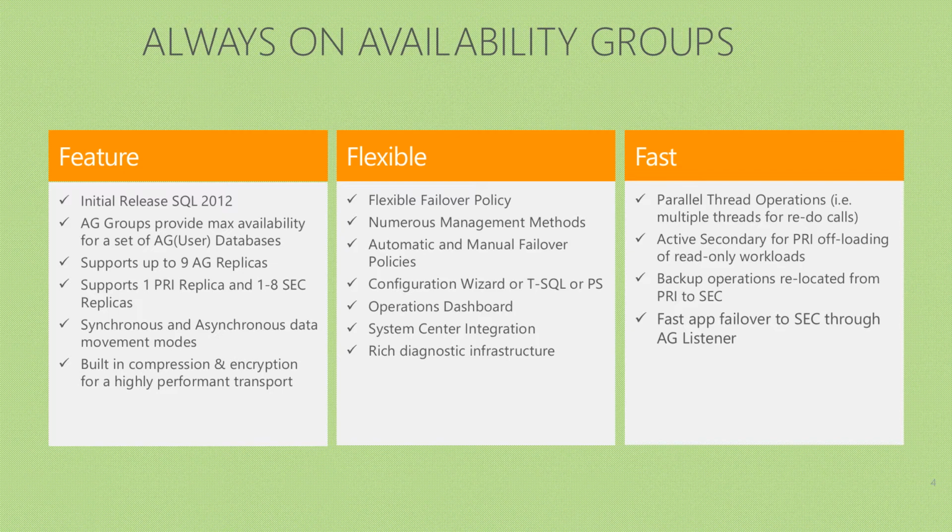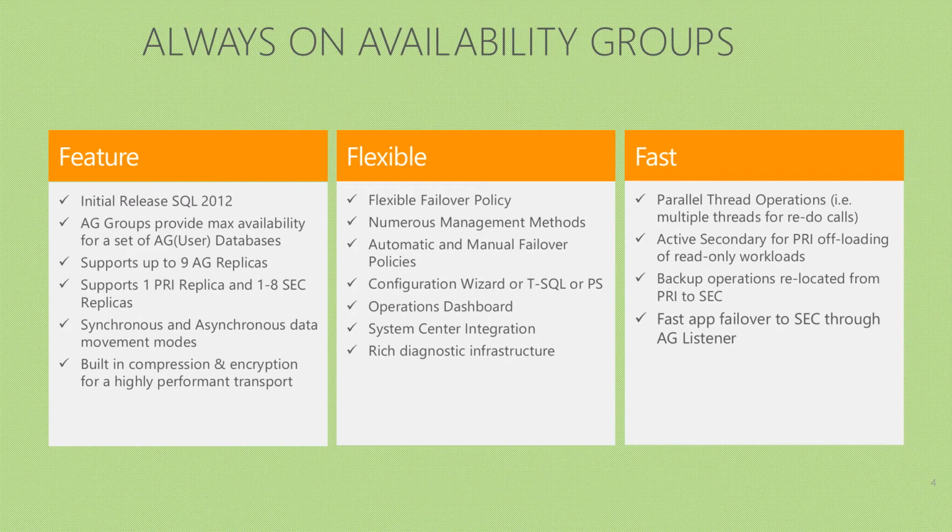A quick note that within SQL Server, there are other features that play a role in HADR, such as replication, log shipping, and failover cluster instances. The key distinction between these is that they operate at a different level of the data. Always On provides maximum availability for a set of user databases in the Enterprise Edition version of availability groups.